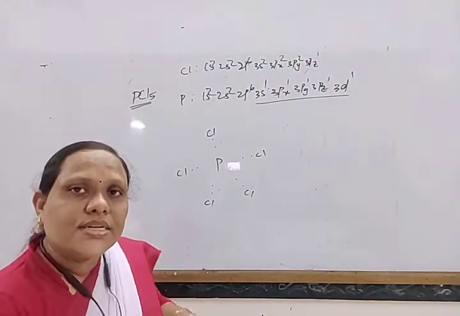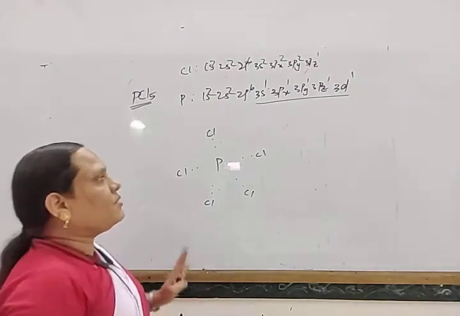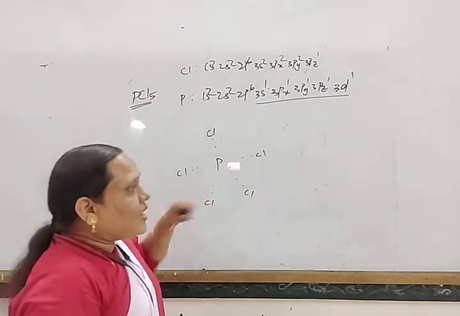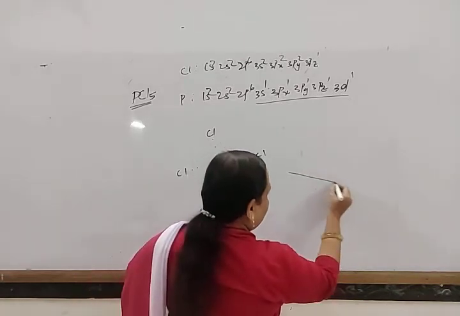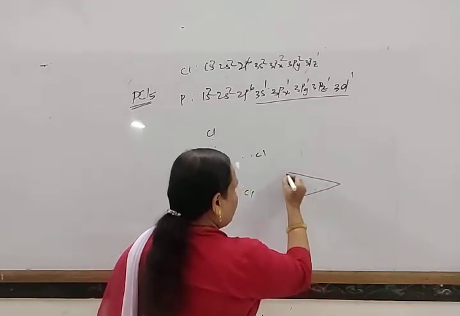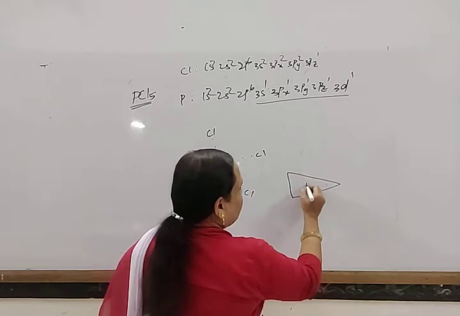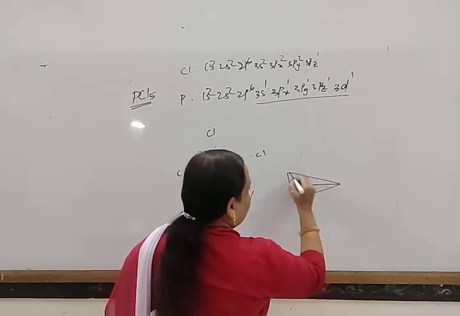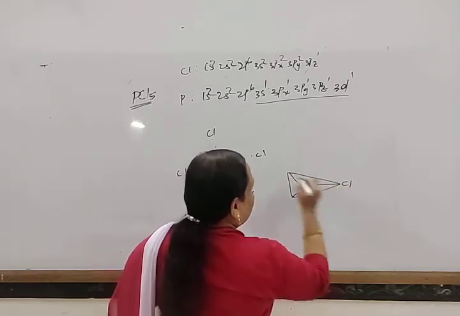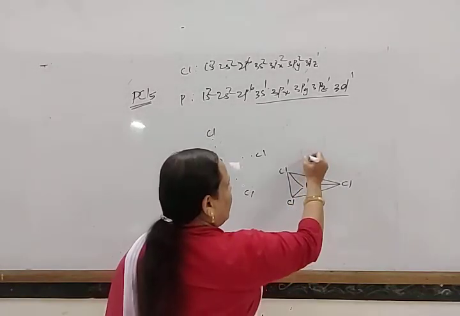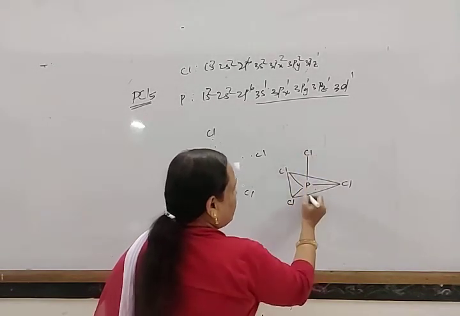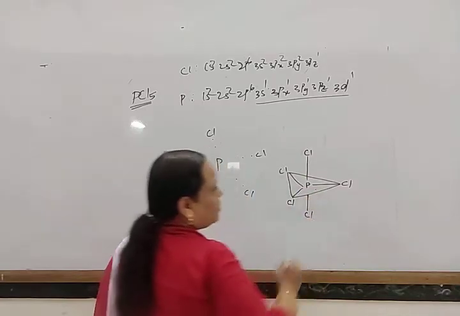Then how is the structure? The structure now becomes trigonal bipyramidal. Look here, this is the trigonal bipyramidal structure, with phosphorus at the center and chlorine atoms around it. In one plane, 3 chlorine atoms remain, another chlorine atom remains above, and another chlorine atom below this plane.